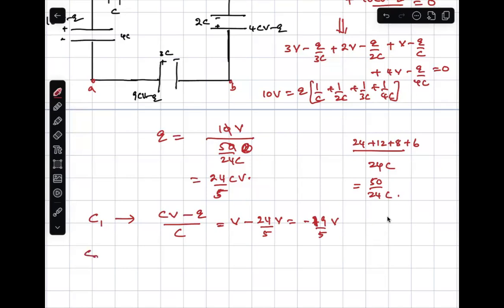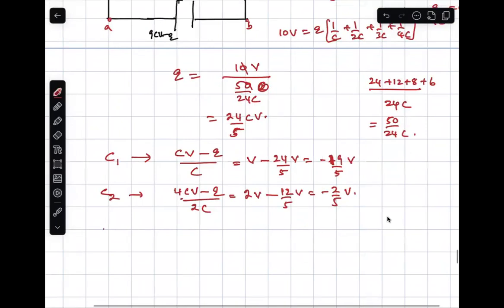Now C2. Across C2, 4CV minus Q by 2C. So this is nothing but 2V minus Q by C is 24 by 5V. Q by 2C is 12 by 5V, minus 2 by 5V.